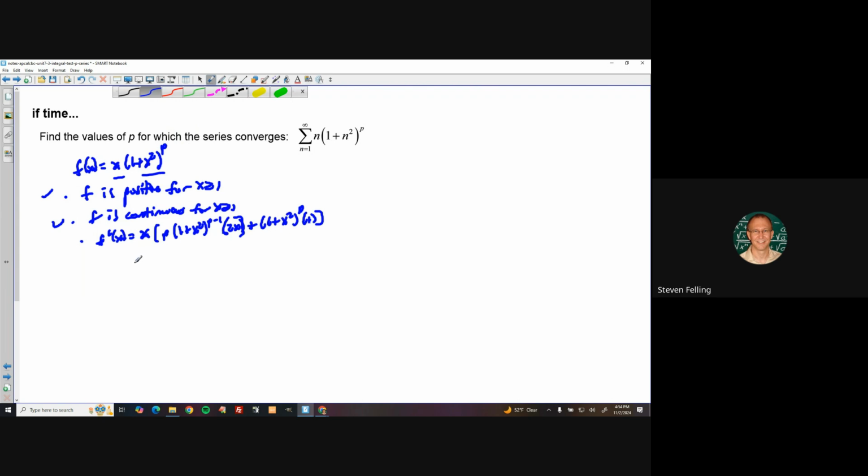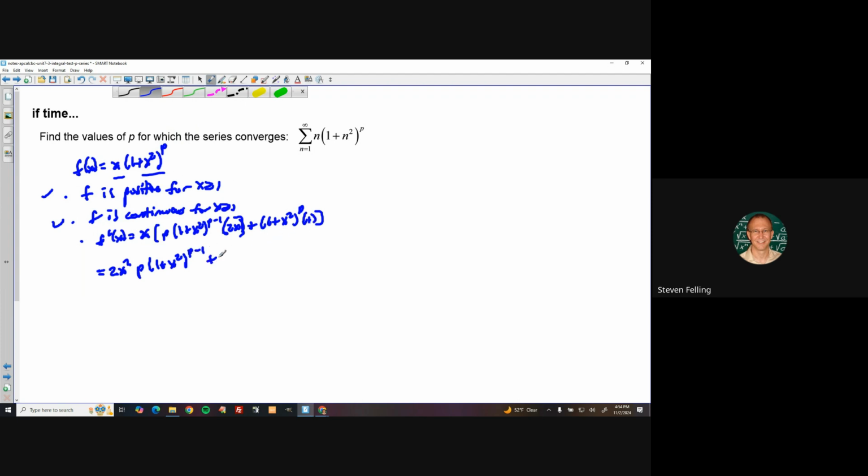So what does that simplify to? Let's see if we can do some combining of terms here. We have 2x squared p times (1 plus x squared) to the p minus 1.